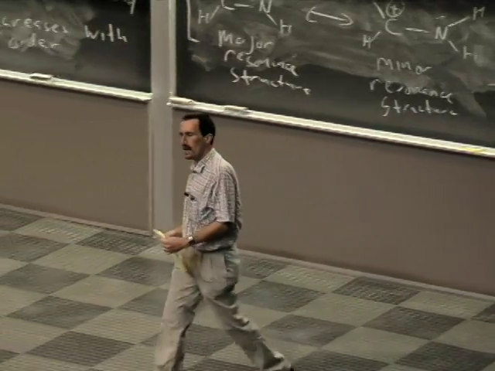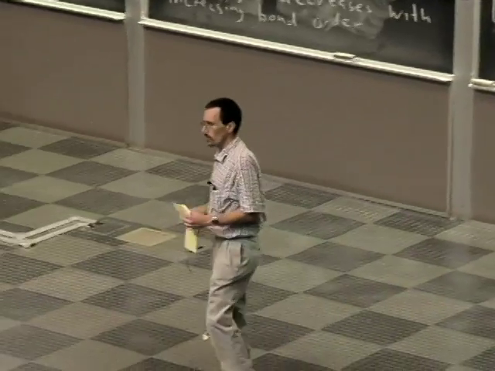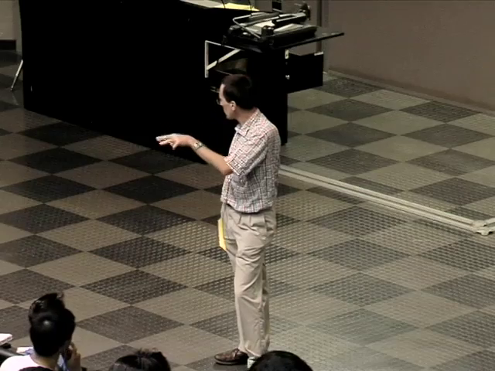The reason that I don't forget about the minor resonance structure is as we go on to talk about reactivity and as you progress through the course, you will see that often the minor resonance structures help you think about where things with electrons, molecules called nucleophiles, come and form bonds.